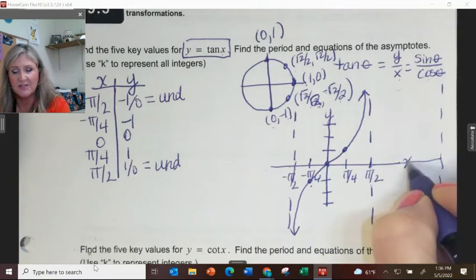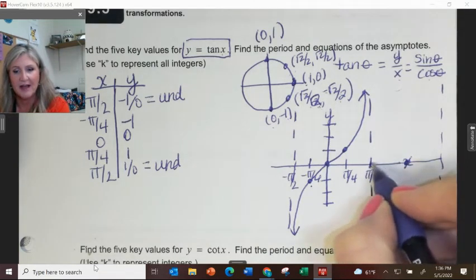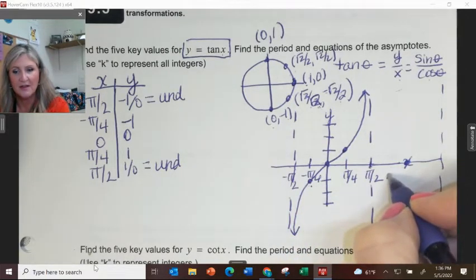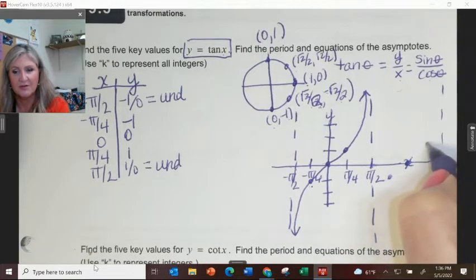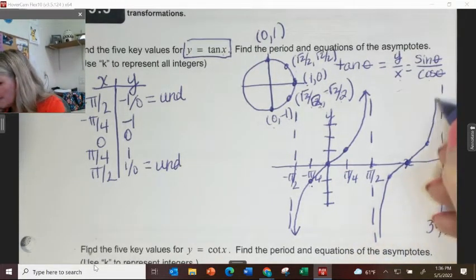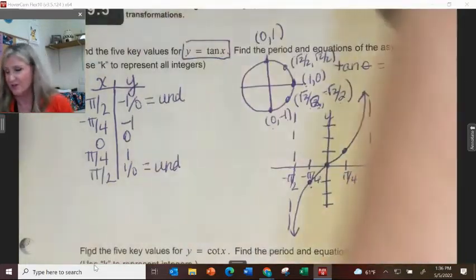So in the middle of these two, I would have a 0. In the middle of these two, what would I have? -1. And in the middle of these two, +1. So that would represent 2 periods of the tangent curve.